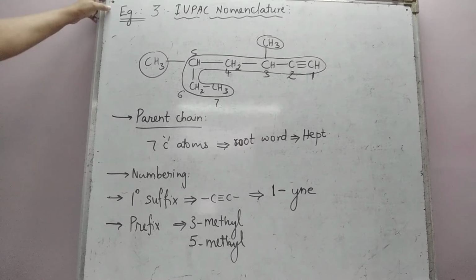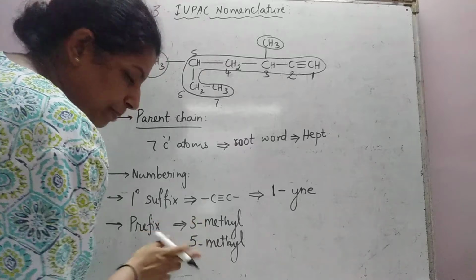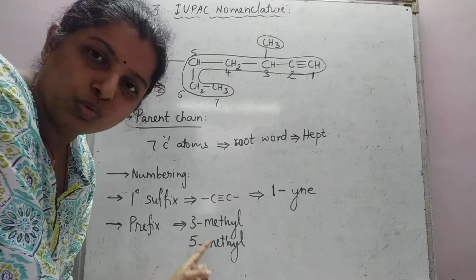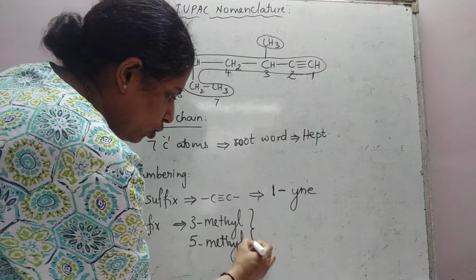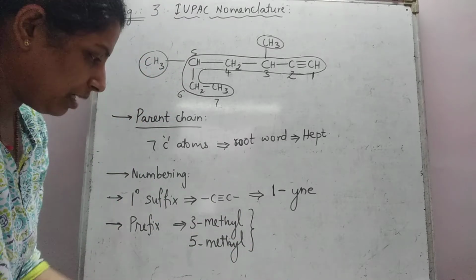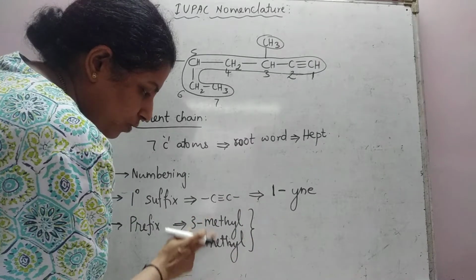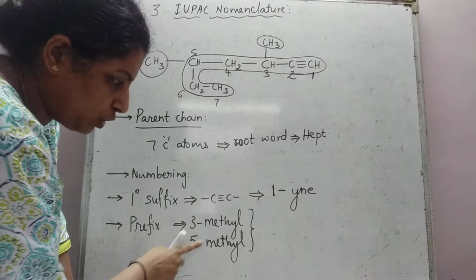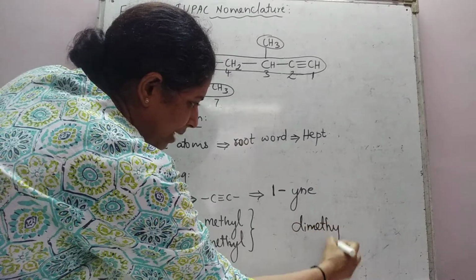Now while writing the IUPAC name, when a particular phrase gets repeated, used more than 1 time, then you use a common word for both of them. How will you write a common word for both these groups? These are 2 methyl groups present at the 3rd and 5th carbon atoms. So for 2 methyl groups, I will write the name of the group as dimethyl.